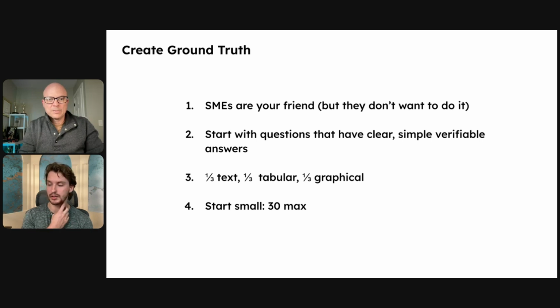Yeah, so as we mentioned, there's a variety of types of modalities within documents, and you're going to want to test those. If you are only asking questions about text and then a user asks a question about an image in a document, then you have no idea how well it's going to go. So what we recommend is you split up the modalities that are important to you and make an equal amount of questions based on each modality.